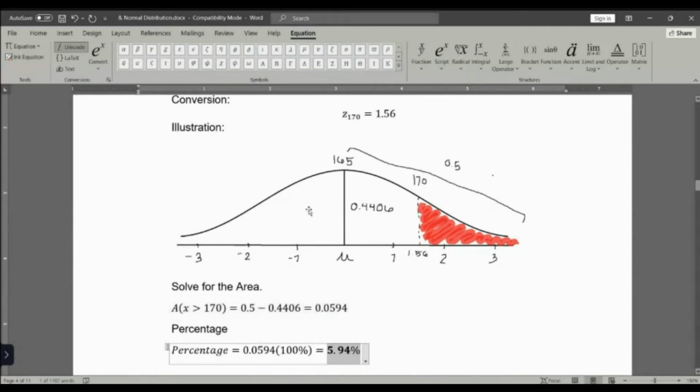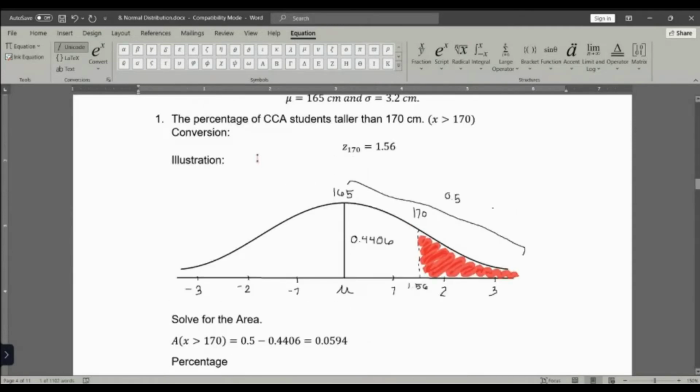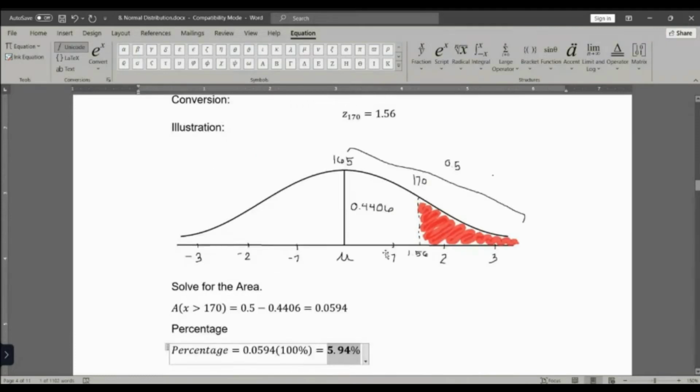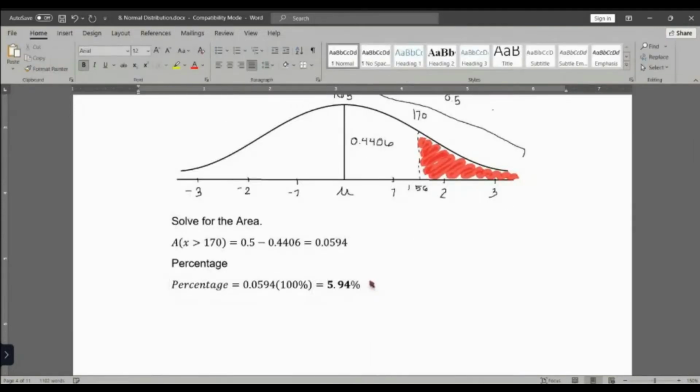Right? That's it. And then lastly, just like before, just like in our problem solving, I want you to have your conclusion. I want you to present your answer in a complete statement. So conclusion.